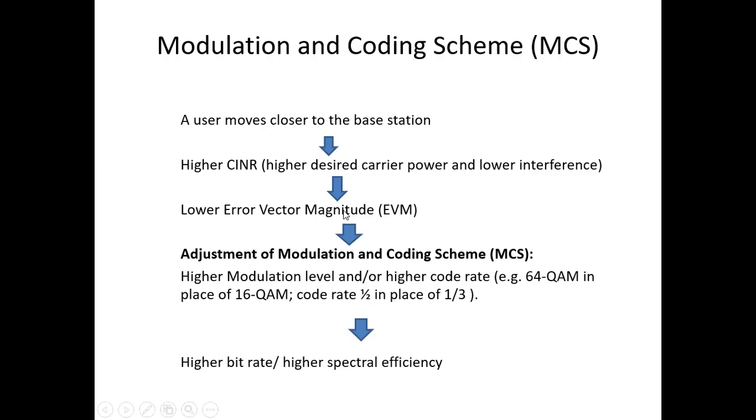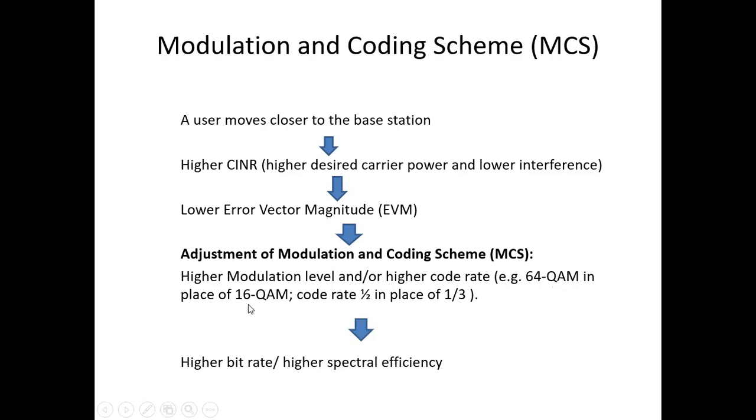Then you should have a higher modulation level and a higher code rate. That will increase the number of bits transferred. For example, it might have been 16 QAM before, then you jump to 64 QAM.